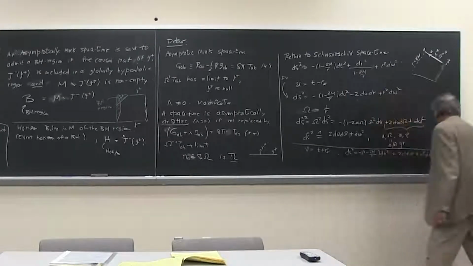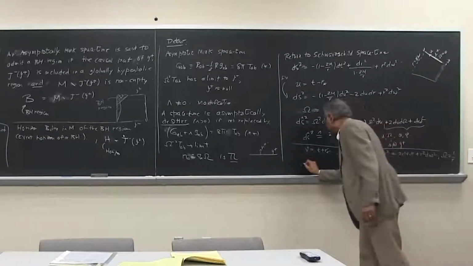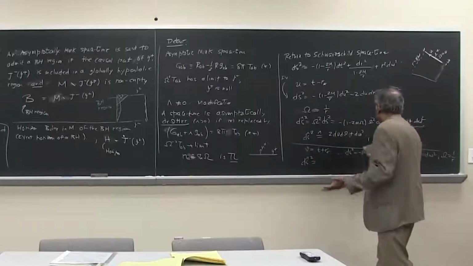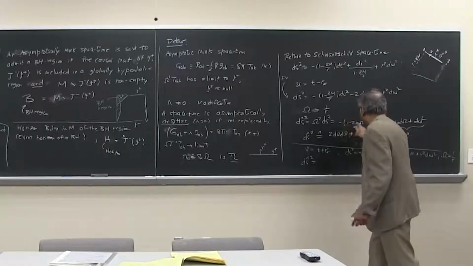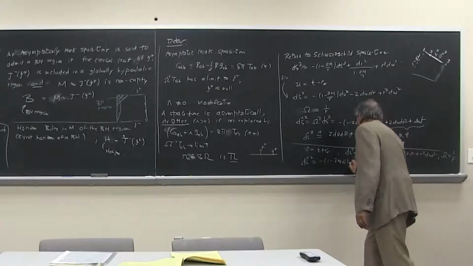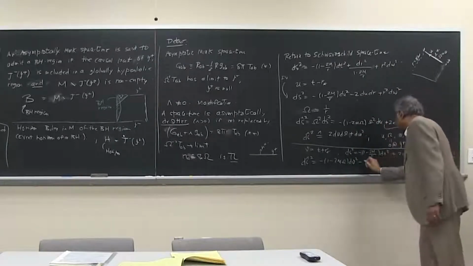And again, you choose omega to be equal to 1 upon r, outside some r equal to r naught, and we get the conformal completion of space-time, ds hat squared, which is given by minus 1 minus 2m omega times dv squared, instead of du squared. And here I get the sign changes.